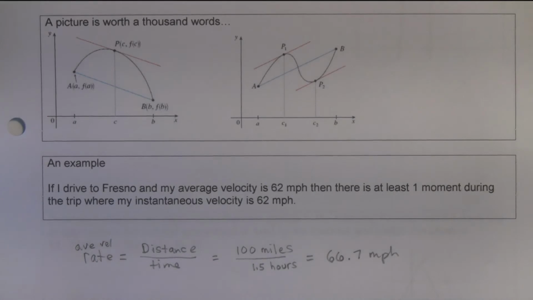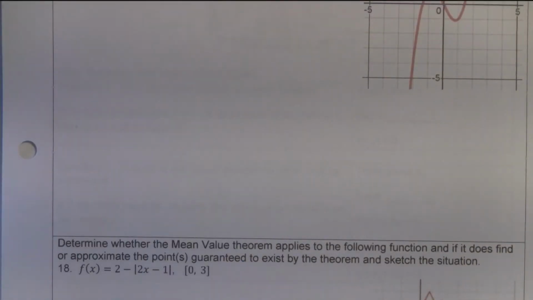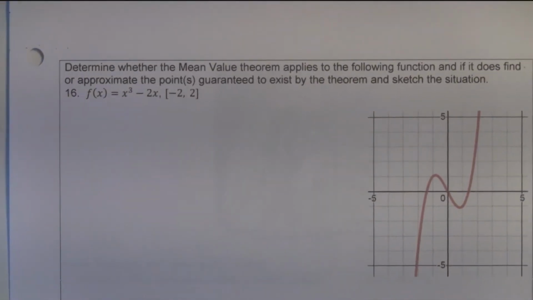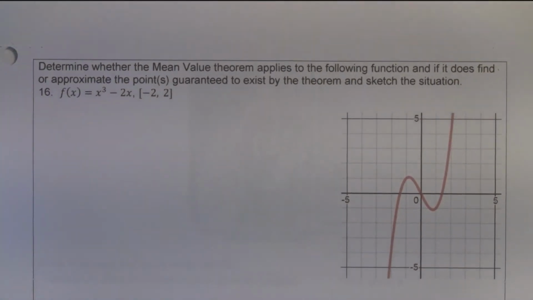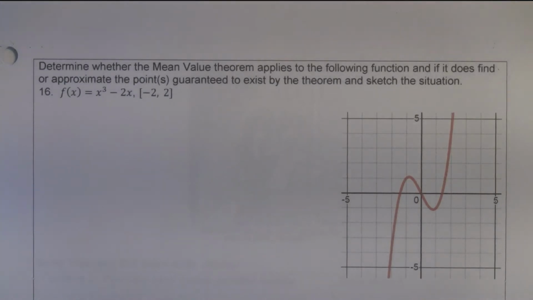Anyway, that's that story. I wish I could have hit 62, but I should have planned for that. I should have asked you how long it took me to get there if it's 100 miles. You could figure that out if my average velocity was 62 miles an hour. Something I asked my beginning algebra students.